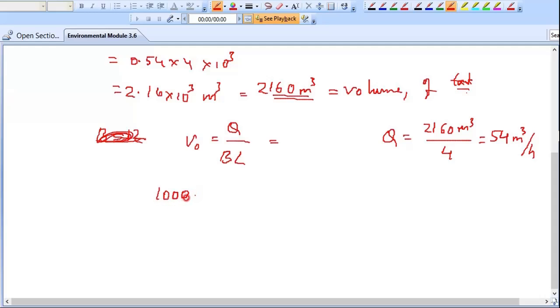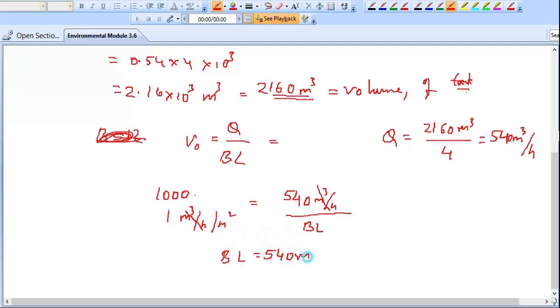Therefore 1000 liters means 1 meter cube per hour per meter square equal to Q, 540 meter cube per hour, by B into L. Then it equals 540 meter square.